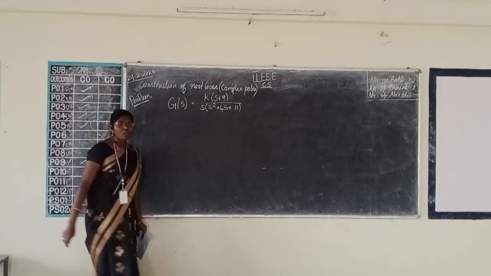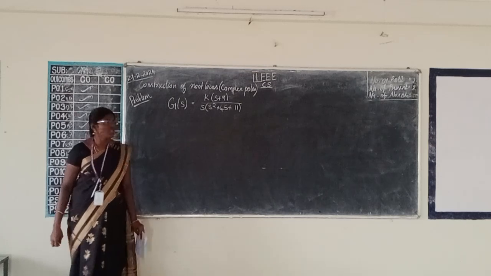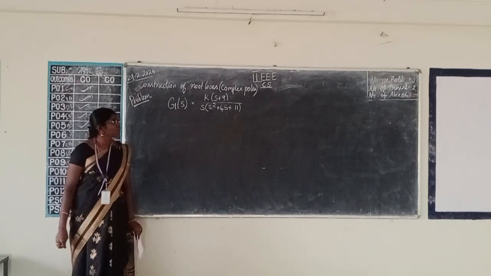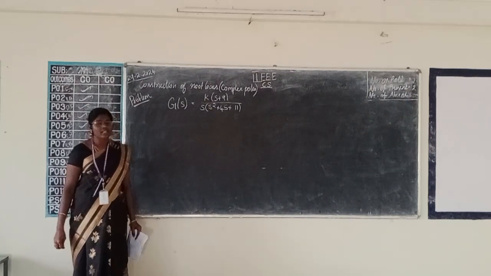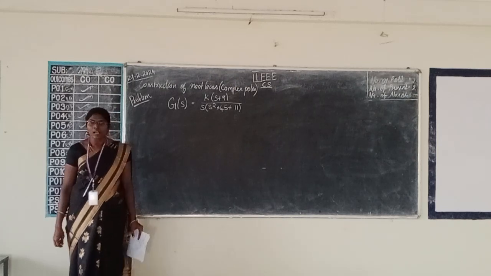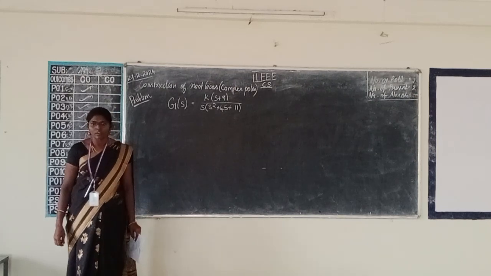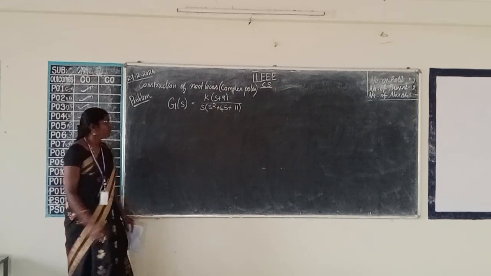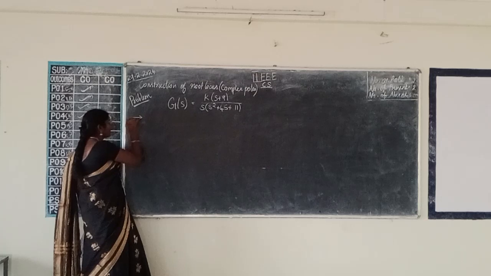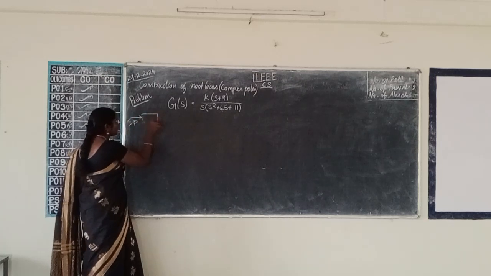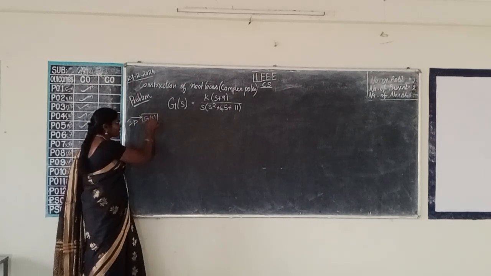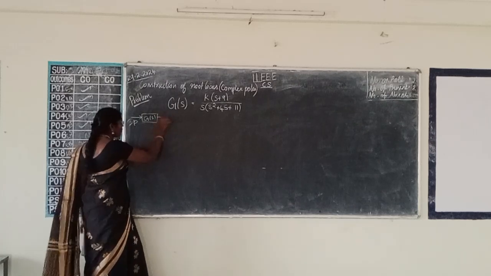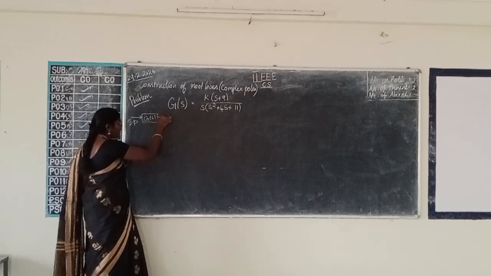So this is our open loop transfer function, G of s is equal to K into s plus 9 divided by s into s square plus 4s plus 11. Further, we have to construct the root locus. We know that there is an input and here is our system, the open loop G of s, and here is the output.